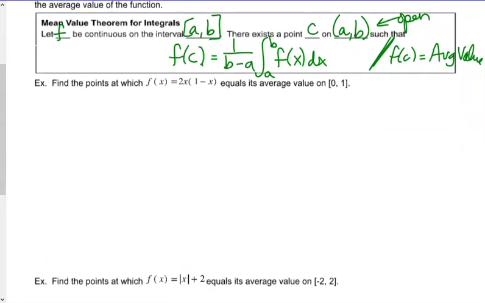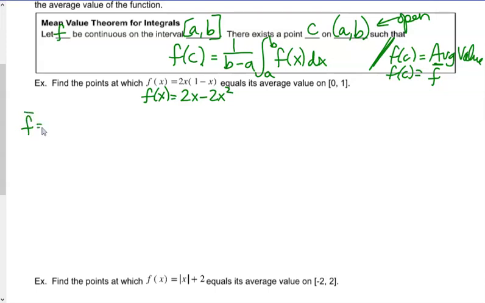Find the points at which our f of x equals its average value on 0 to 1. The first thing I like to do is distribute that 2x, because I don't like to see the product there when I'm going to have to integrate. And so what I normally do is I find this part first. I'm going to do this so that you remember the notation for the average value.